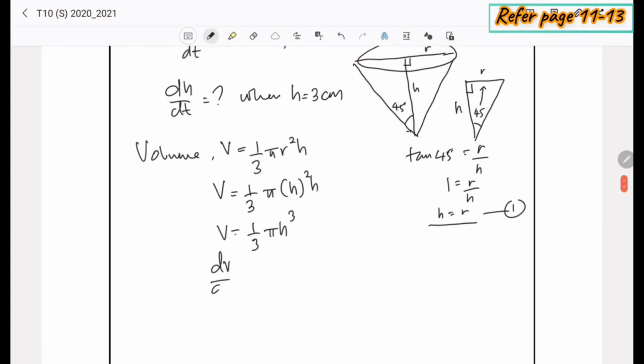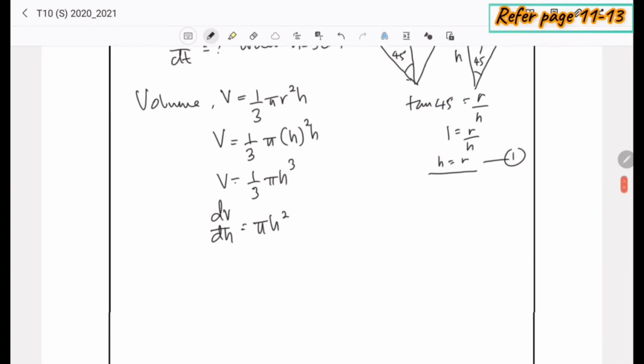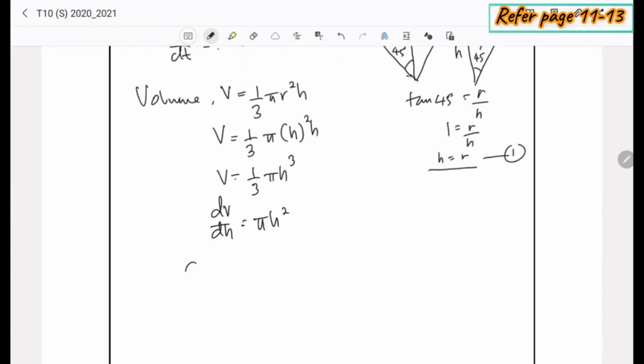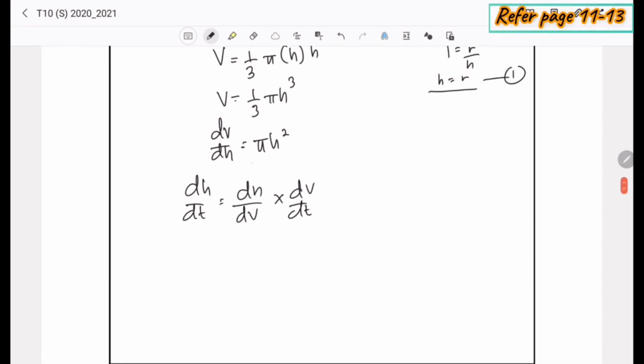So we get dV/dh, that will be pi h squared. dh/dt is dh/dV times dV/dt. So dh/dV, that will be 1 over pi h squared. So dV/dt, substitute as 36 pi. So that is equal to 36 over h squared.